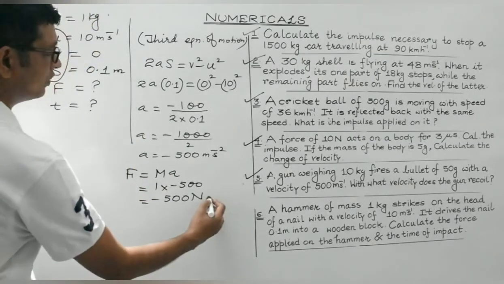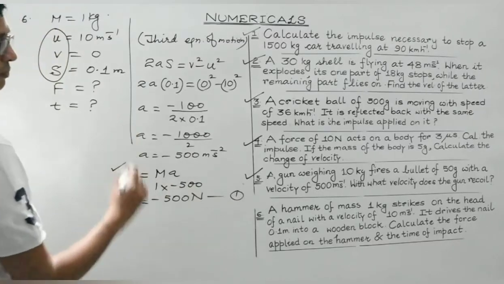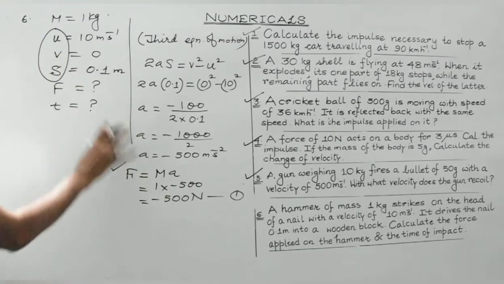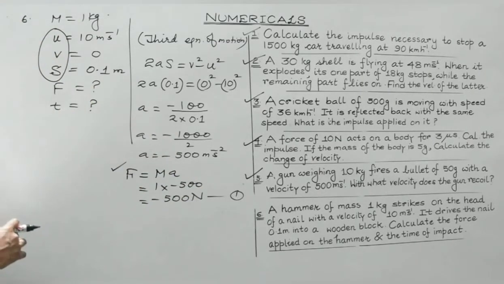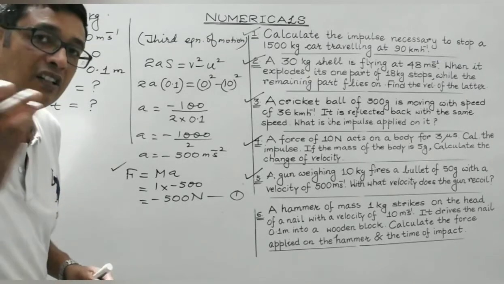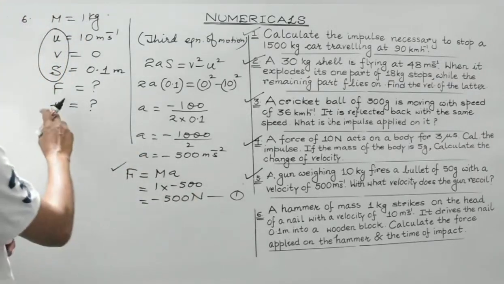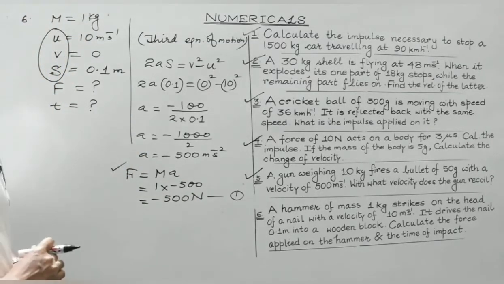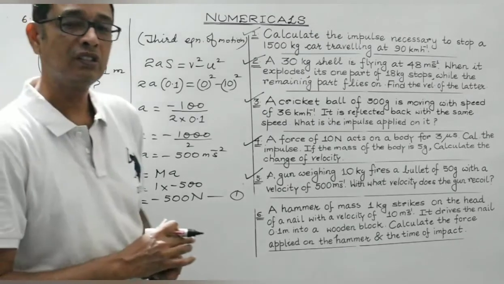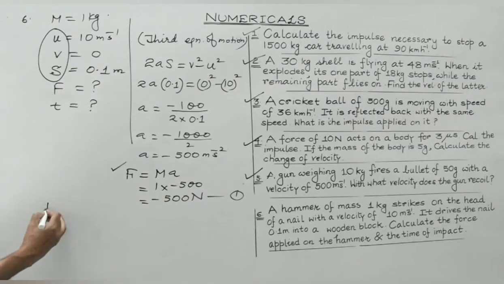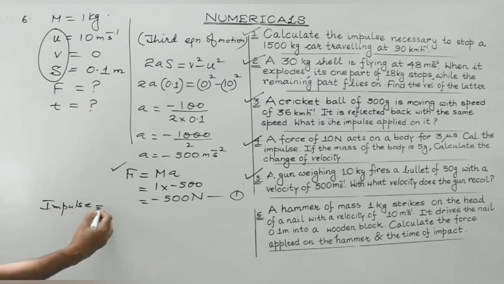So first part is over. This is the answer of the first part. So force we obtained is 500 Newton. Negative sign suggests that it is a retarding force. What about the time? Now, in order to find out time, what we do is, we are aware impulse is equal to force into time.